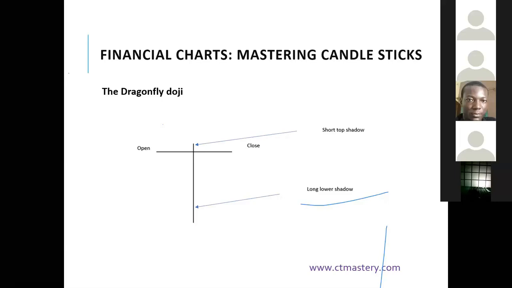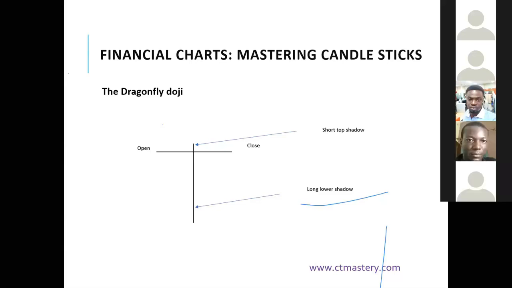The story this tells us is that the sellers drove the price down at the beginning, and for some reason, the buyers came back and drove the price up to close at almost the price the market opened at.